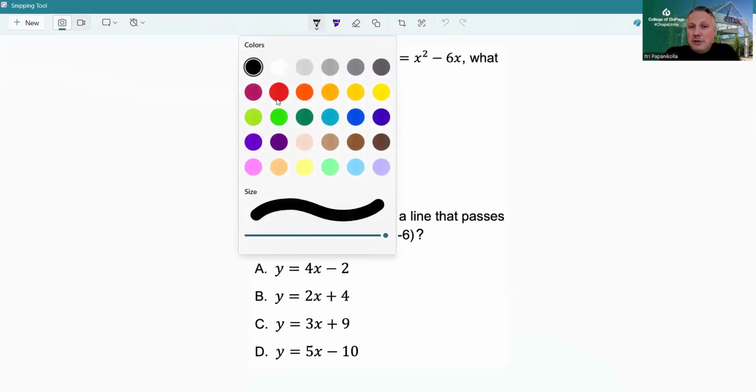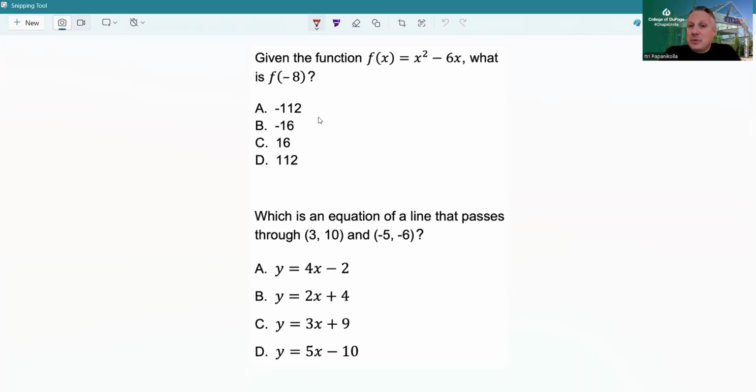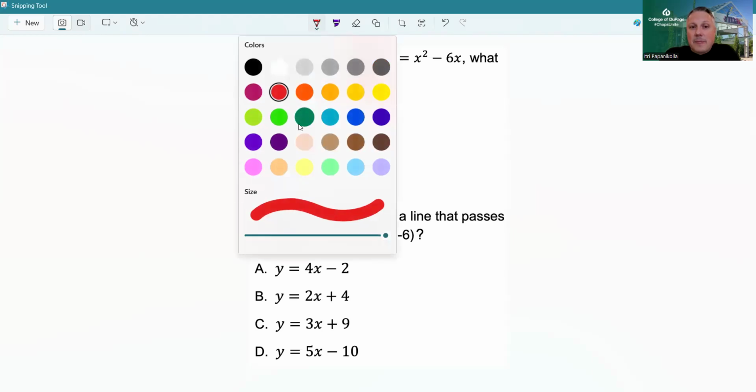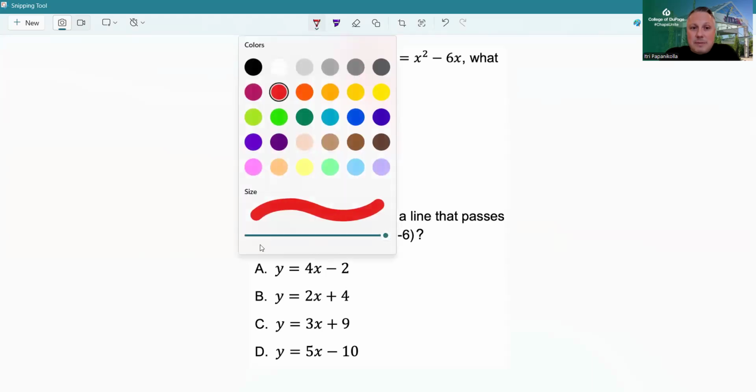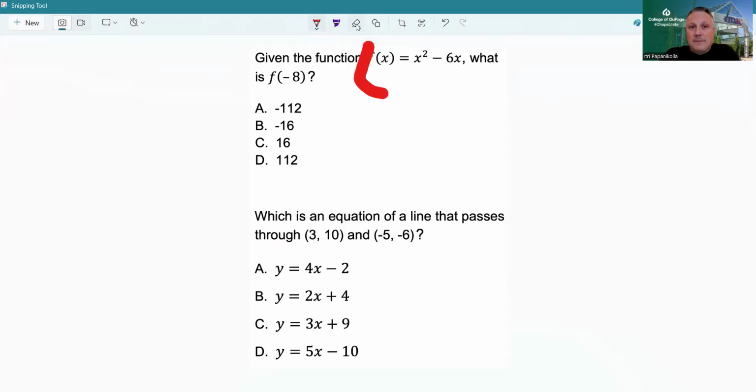We have this function f of x equals x squared minus 6x. And sometimes even this can cause a lot of anxiety and stress as far as how do we go after this. A lot of times students take a look at this particular area here, this f of x, and they think that the f and the x have something to do with one another.